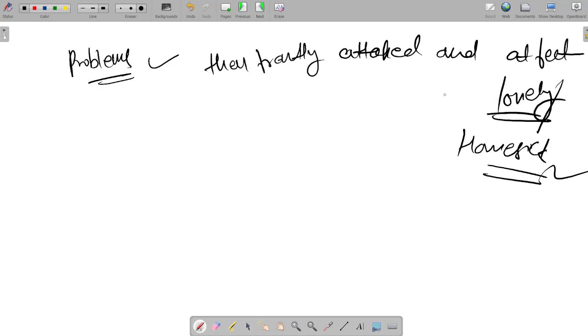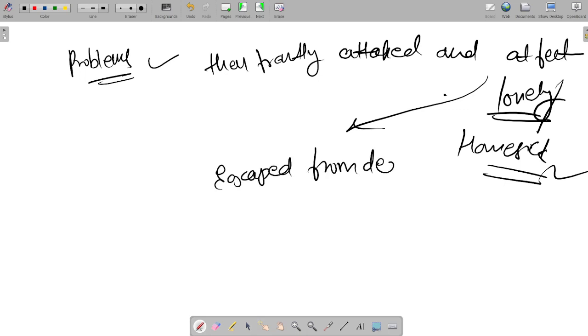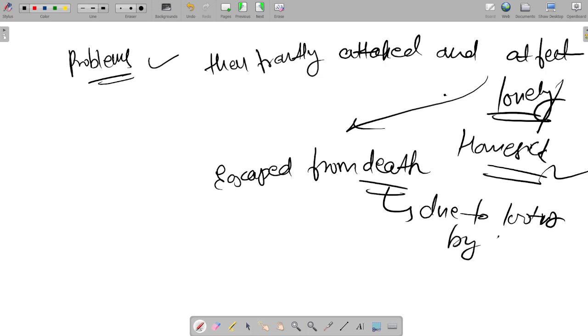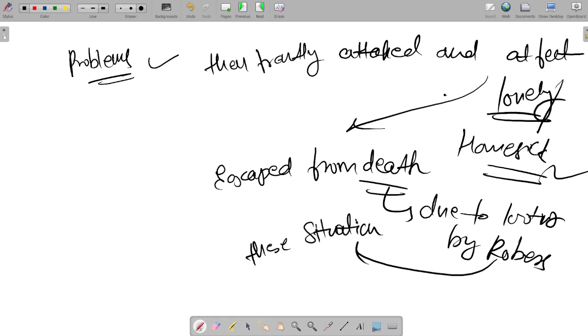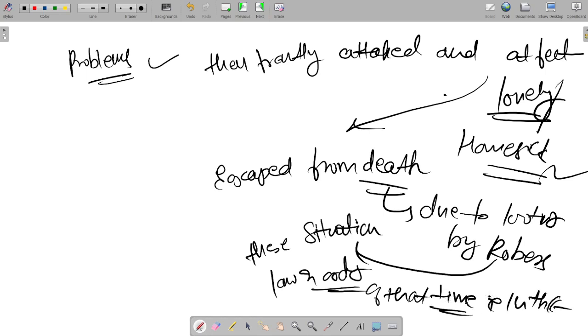Ibn Battuta escaped from death, was nearly about to die due to looting by robbers. These situations show the law and order of that time, that is 14th century CE.